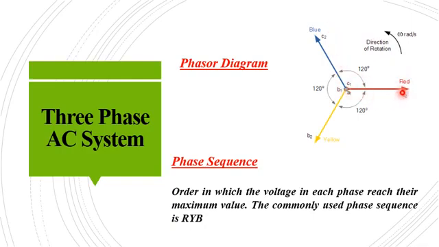When rotated anti-clockwise, first the R phasor reaches the maximum value, then the Y phasor, and after that the B phasor. Hence, the phase sequence in this case is RYB. That is the order in which the voltage in each phase reaches its maximum value.